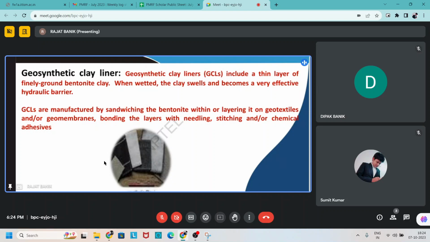So we know that clay has a swelling nature. When clay soil is wetted, its volume increases.